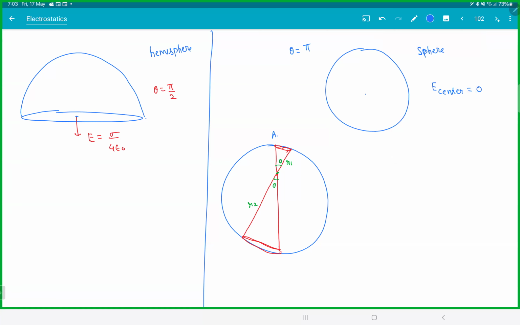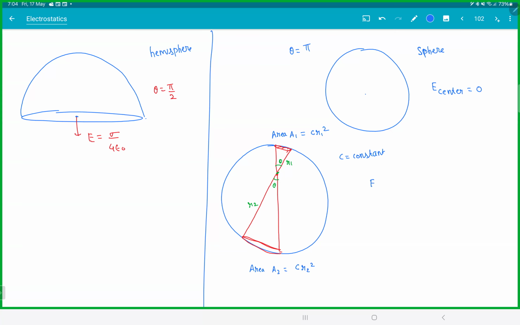So this area A1 is some constant into r1 square. C is some constant. Similarly, the area of this entire region A2 will also be some constant into r2 square.